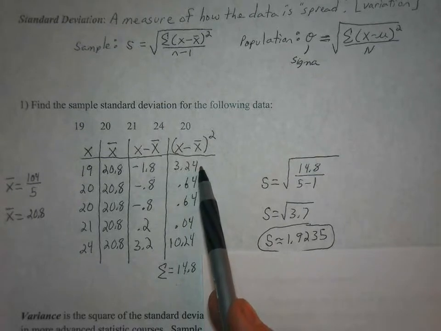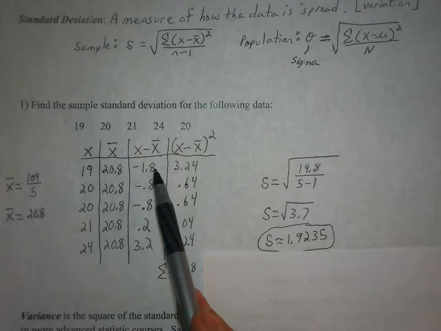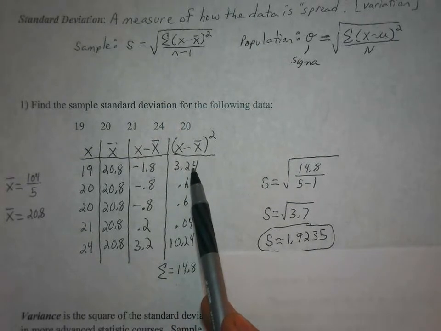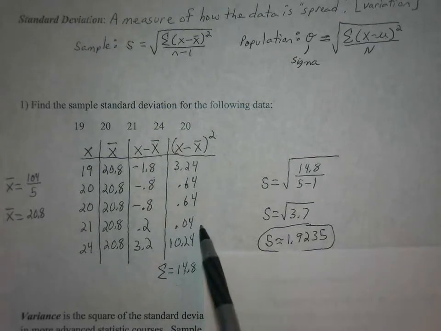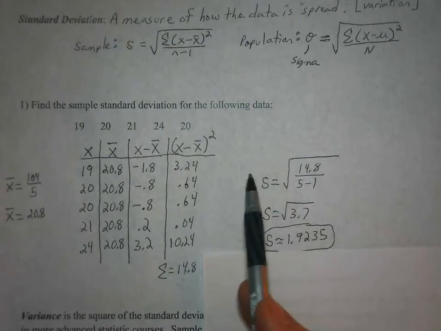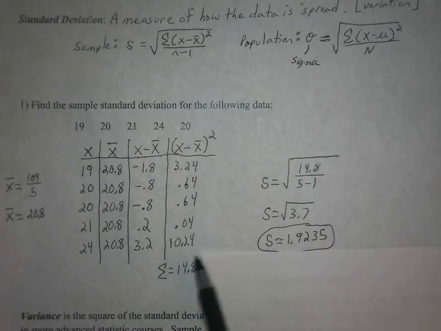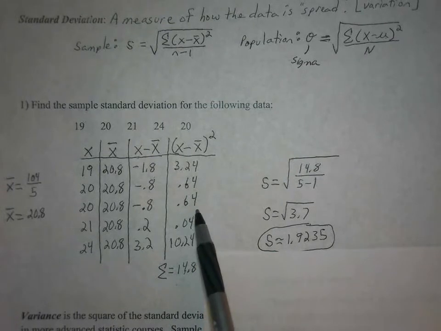Now, a distance of 1.8, like turning left out of your driveway, is not the same as 3.24. So when you square those, it does change those numbers, which is why we end up square rooting at the end. But before we take the square root, you want to find an average, which kind of means you add that column up, and then divide by the number of data values.